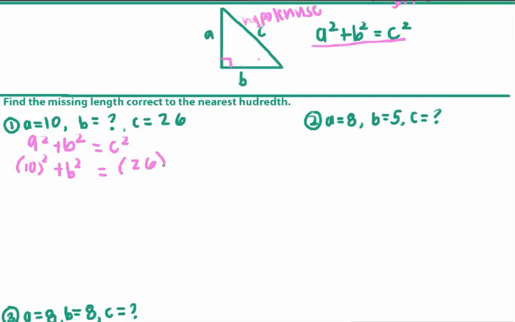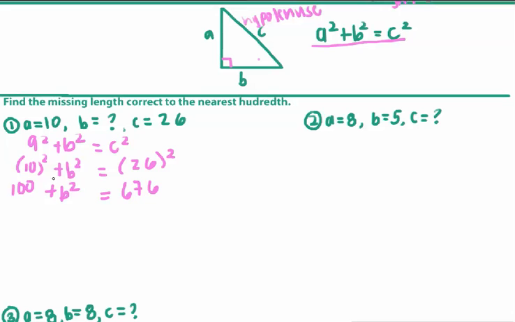C squared is 26 squared. Now you start working this out. 10 squared is going to end up being, like you guys know, 100. We have plus B squared, and then 26 squared is going to give us, I'm going to help you out, 676.